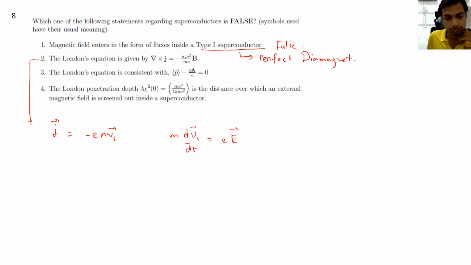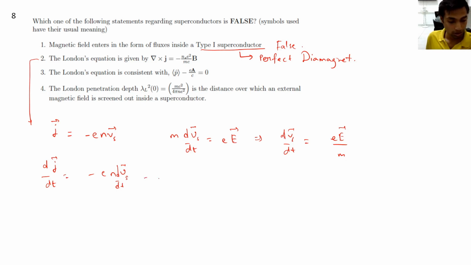So what we have is, if you take the time derivative of this, dj over dt is equal to minus n e Vs and the time derivative of that. From here what we get is dVs over dt is equal to eE over m.